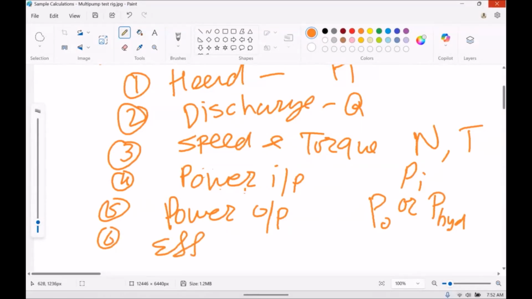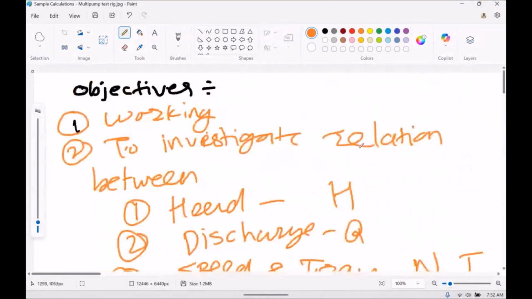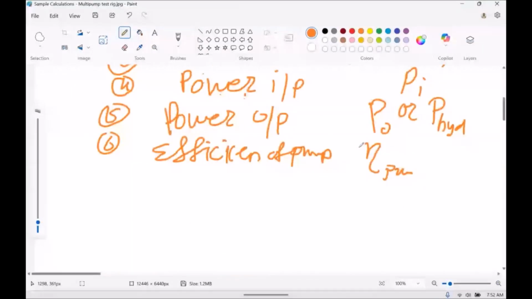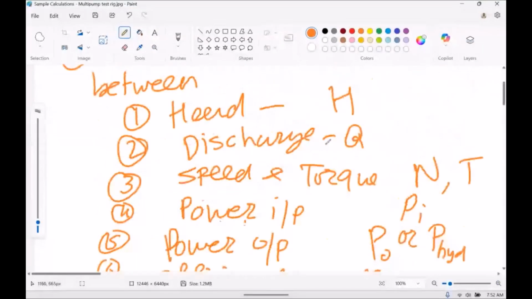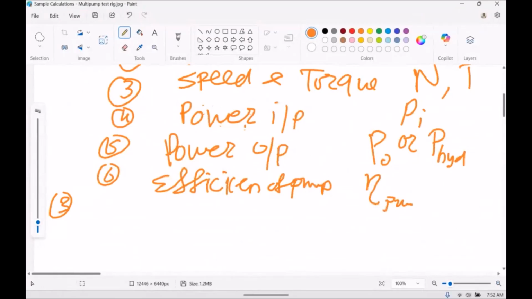And last is the pump efficiency, denoted by eta pump. How to find these parameters and how to calculate these values. And the next objective is to find the values of these parameters.